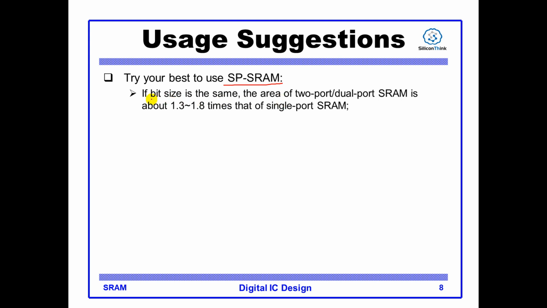Typically, if the bit size is the same, that is the data width multiplied by depth, say you have a 32-bit wide memory with 1024 depth, then the area of single-port SRAM will be much smaller than 2-port or dual-port SRAM, usually by 1.3 to 1.8 times.